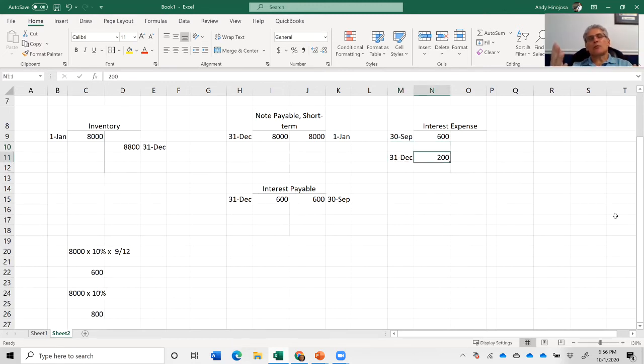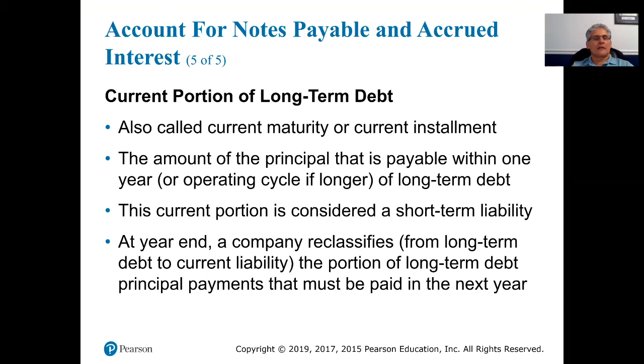So the total amount of interest expense for the company is still $800. The difference is $600 of it was recognized in the first year and $200 of it went into the second year. Now we also have what is referred to as the current portion of long-term debt.